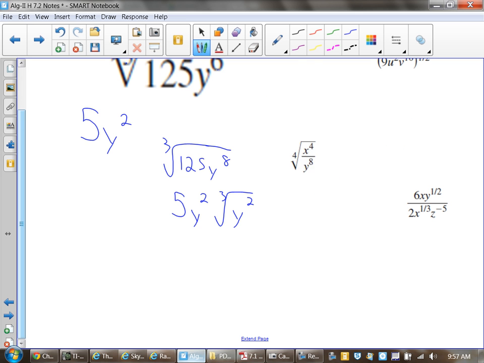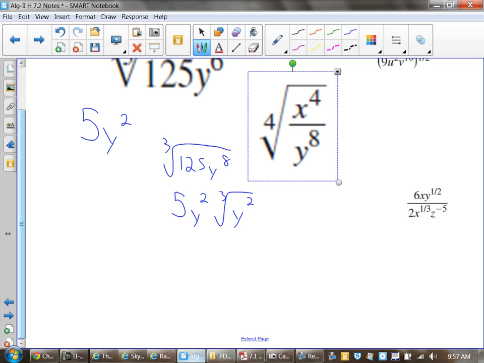Let's try another one with the division here. I have the 4th root of x to the 4th over y to the 8th. There's no numbers to have to worry about. So basically I'm asking, how many times does 4 go into 4? Once. Is there any left over?